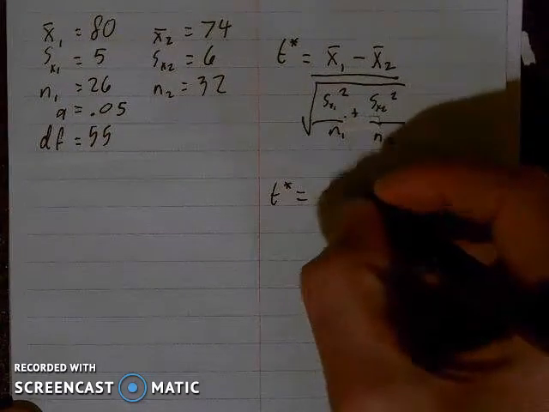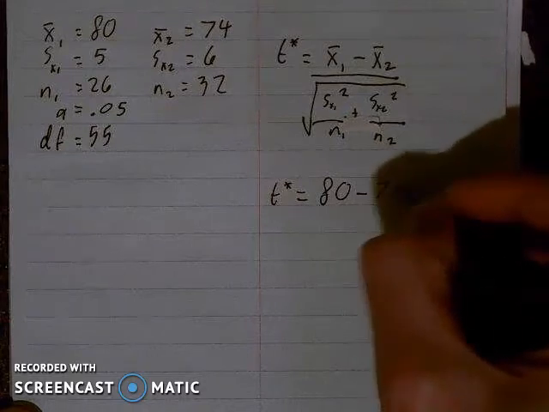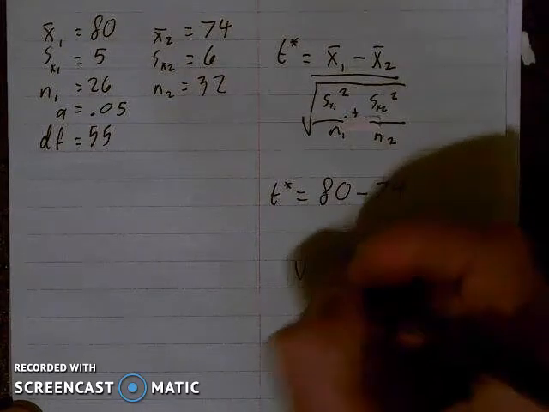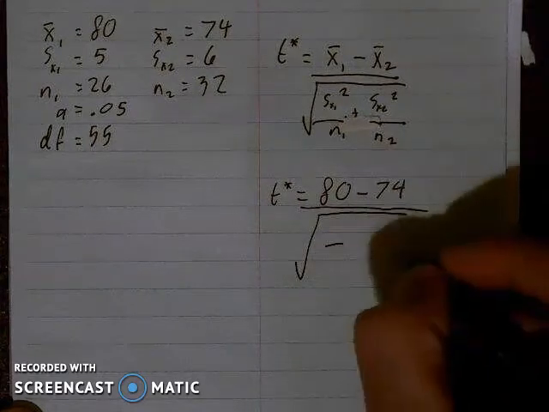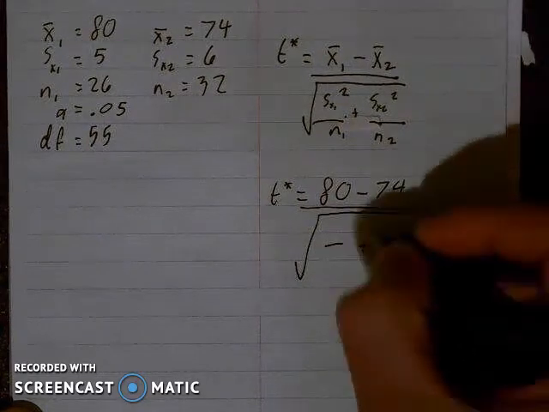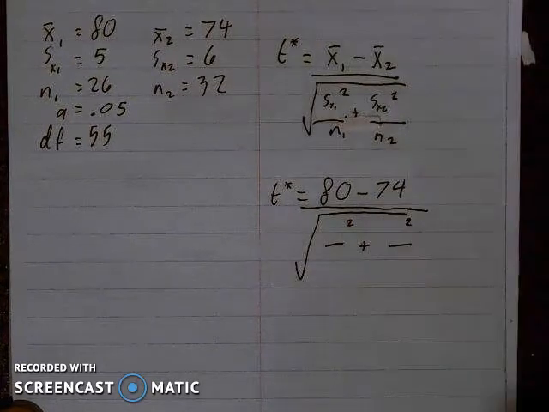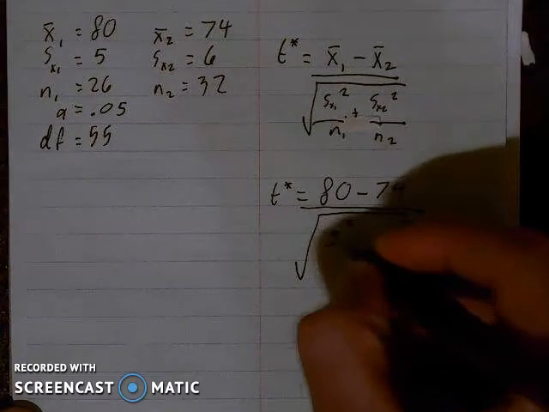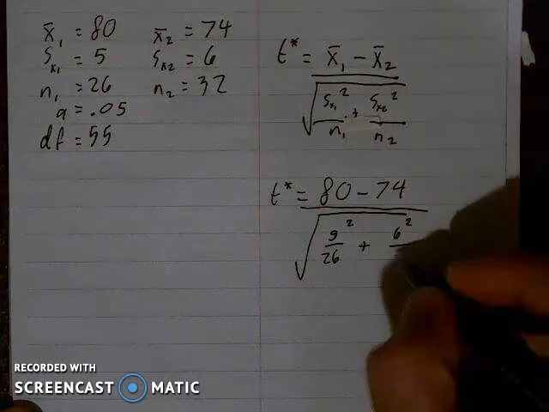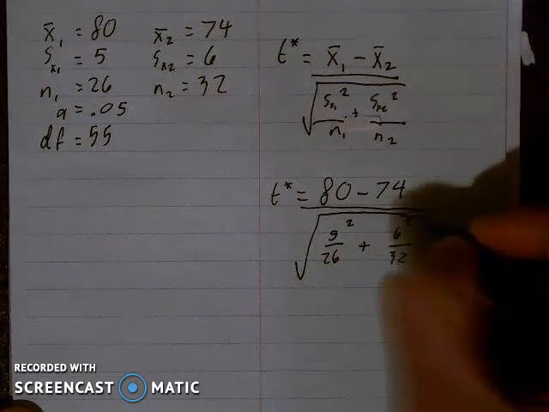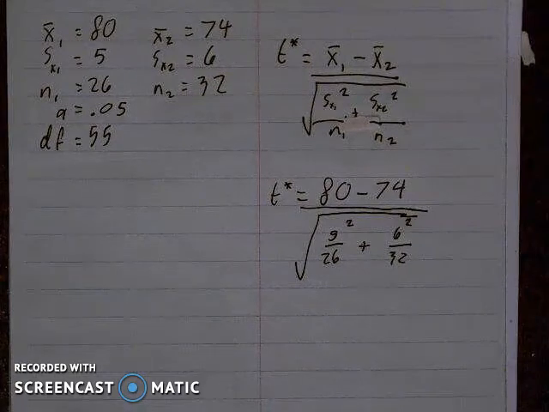So that would be 80 minus 74 on the top. That's divided by, I'm going to play a little fill in the blank here. So this would be 5 squared over 26, and this would be 6 squared over 32. So that's essentially plugging it in.